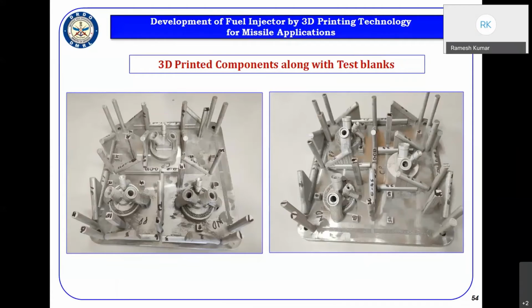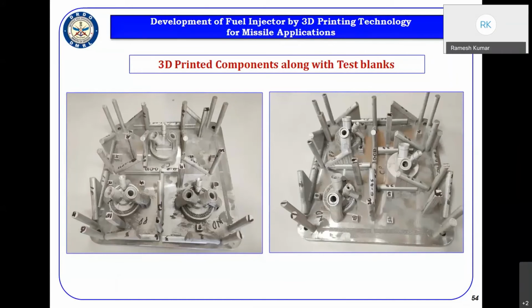Only after that should it be released. Qualification and certification, which I have not touched upon, are necessary for components for end-use applications, especially in aero, which is what we are working on. So that is a major area.